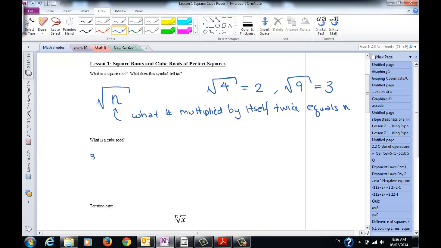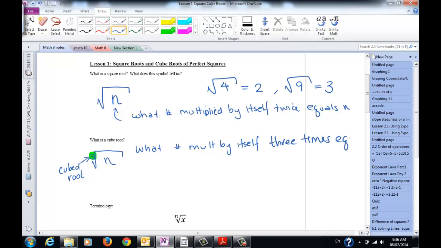What about a cubed root? A cubed root is going to look like this. There's a little number here, and this is noting that it's a cubed root. So what this is saying is, what number multiplied by itself 3 times equals n.